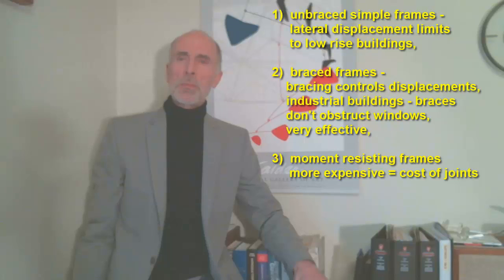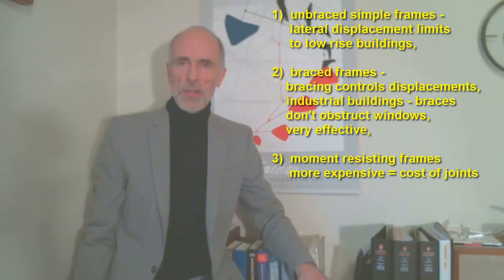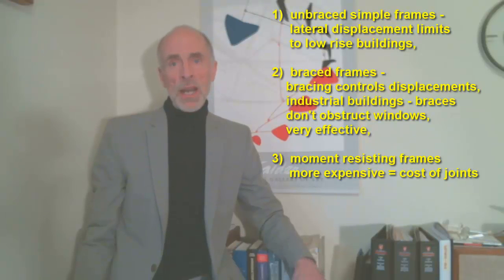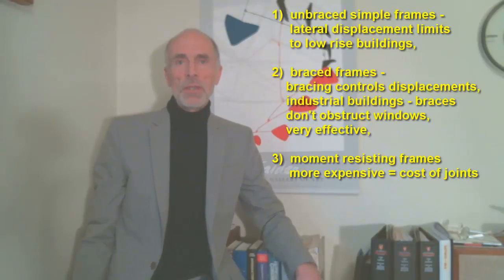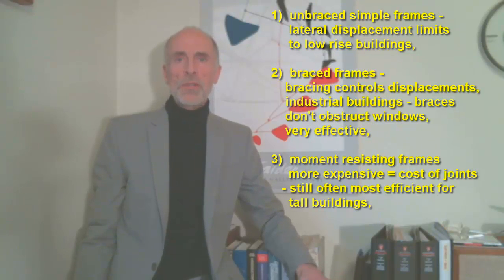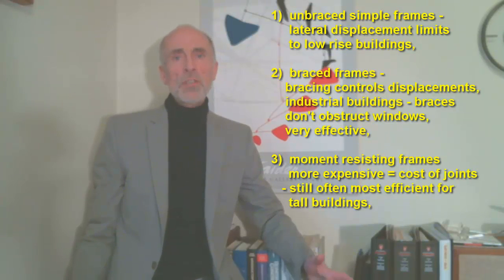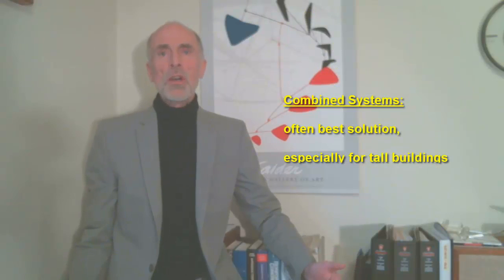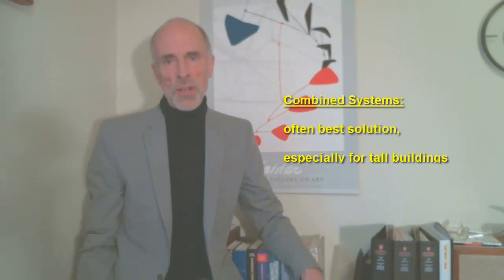Moment-resisting frames are a more expensive solution used in tall buildings. The cost of constructing the rigid joints between beams and columns is important. Still, they're often the most efficient system for taller buildings. Actually, combinations of these systems often really provide the best structural solutions.